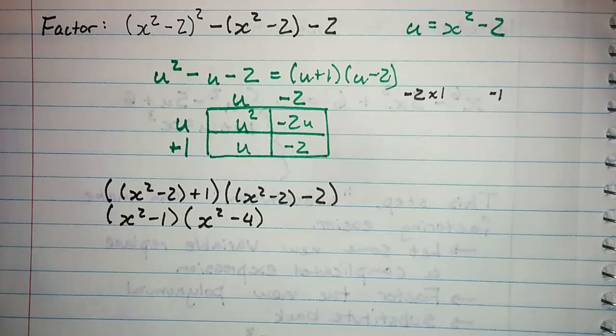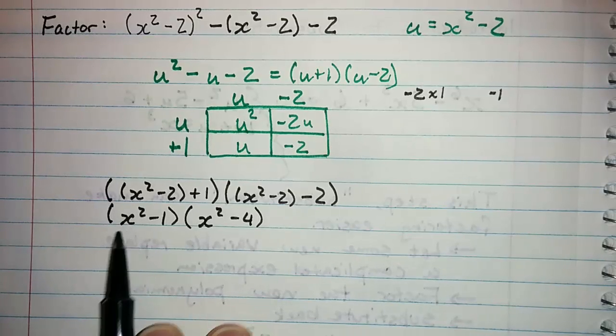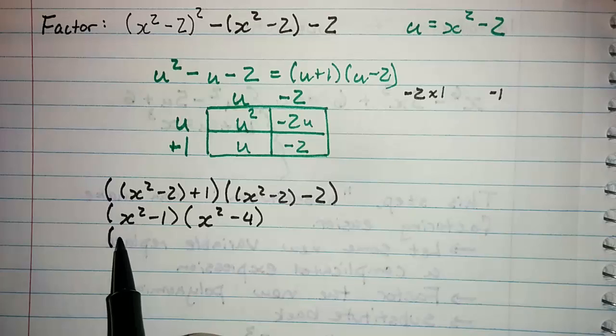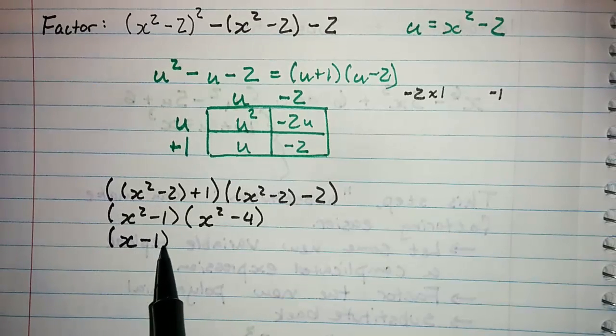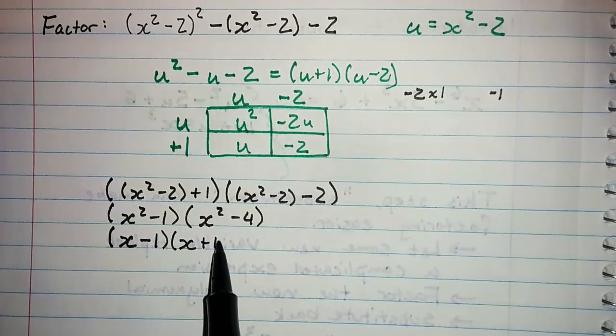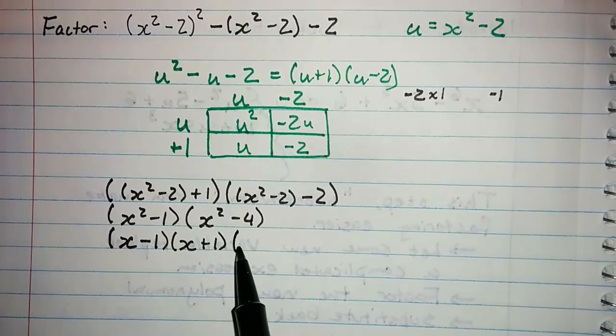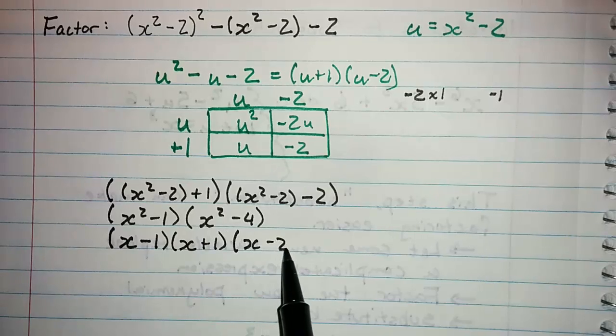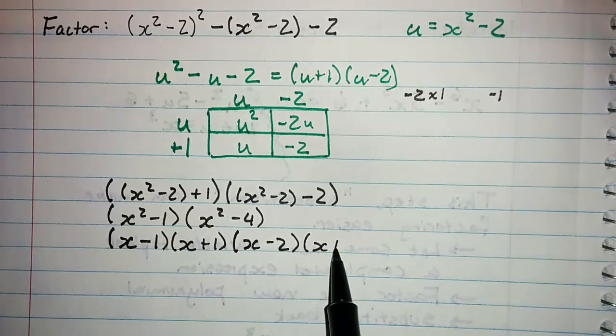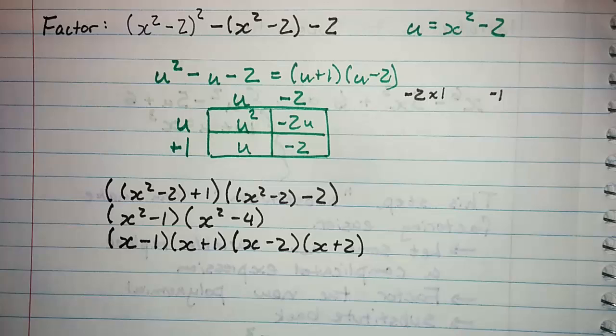Oh, hey, that's kind of cool, isn't it? This is a difference of squares. We can factor it as x minus 1 times x plus 1. And this is a difference of squares. We can factor it as x minus 2 times x plus 2. And now we can't factor these any further.